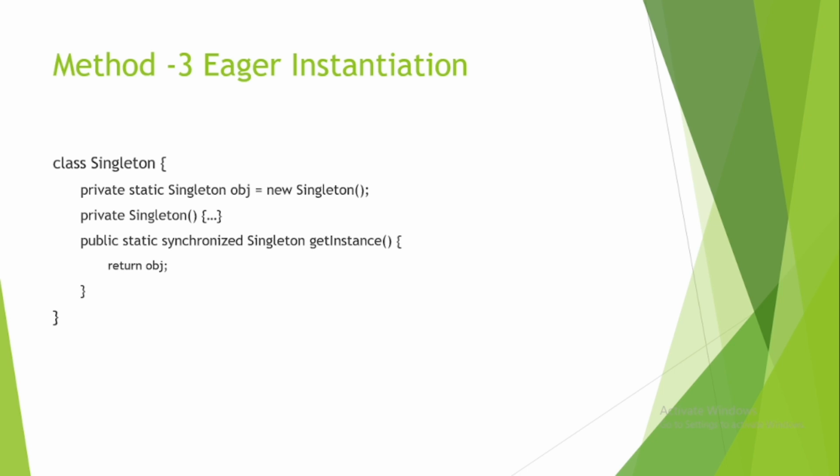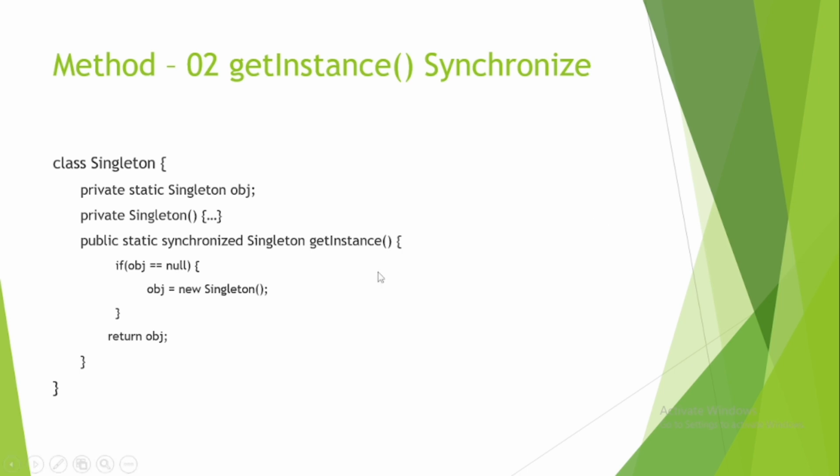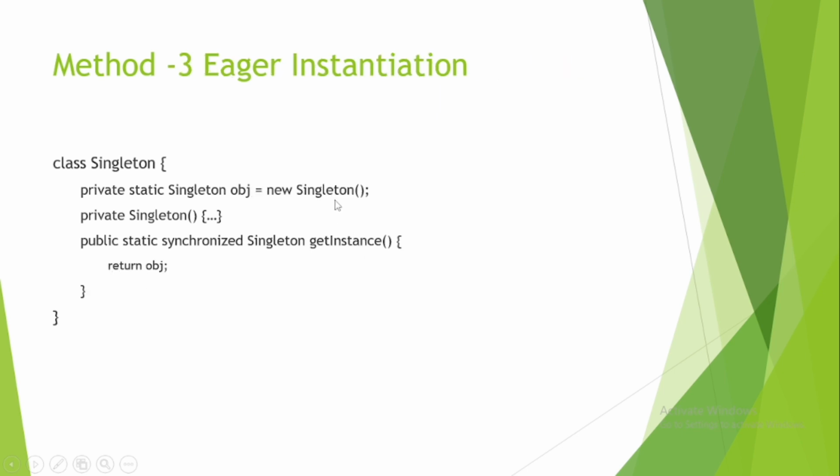Eager loading happens very quickly and lazy loading happens when you call. In lazy loading I get the singleton object when I call the getInstance method, but here I get it before calling the getInstance method. But since this is private, I cannot get this object from outside.